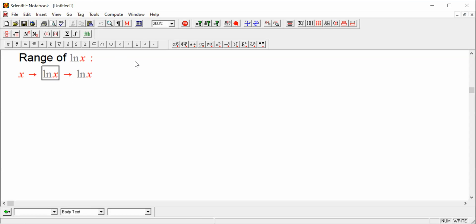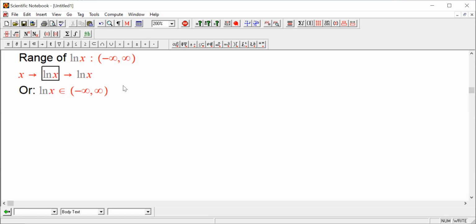When you express your range, you can just do from negative infinity to positive infinity, or you can also say ln x is in that range. You can express it that way, so the reader will know this is the output, not the input.